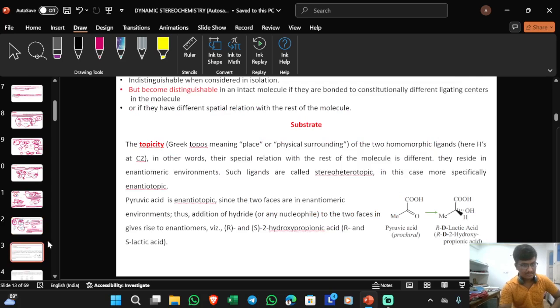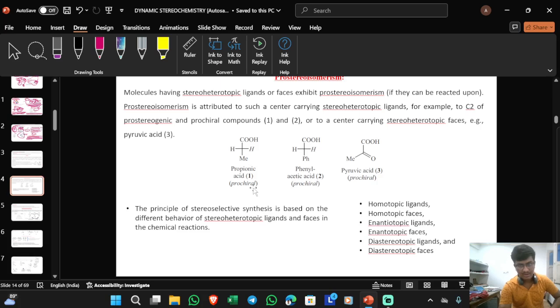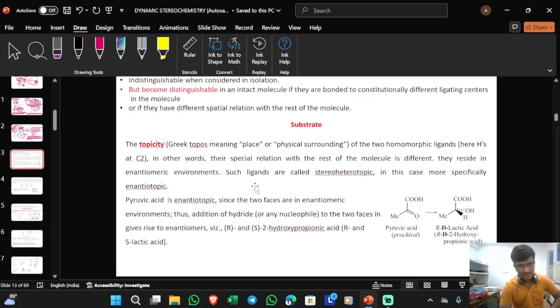Then I will give some examples. First, one, and then a substitution.